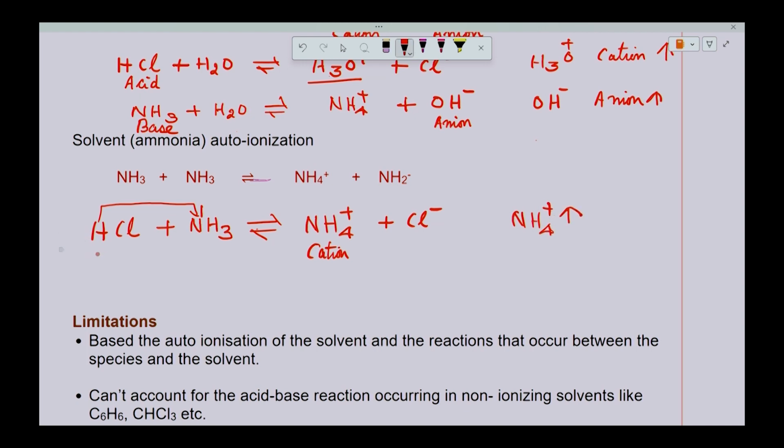So, what is HCl now? Since the cation concentration is increasing, HCl is an acid. You can add any metallic hydride, like sodium hydride for example, which will have a hydride ion. I am not going to write Na because that does not look nice in the equation. You add that to ammonia.